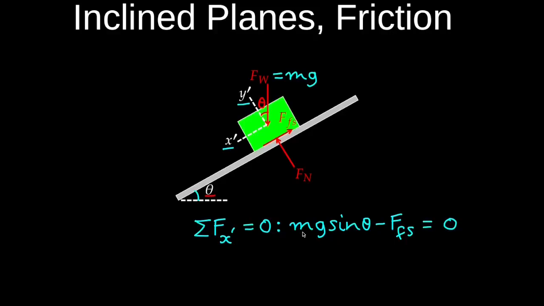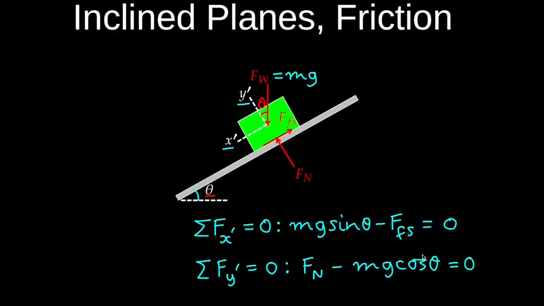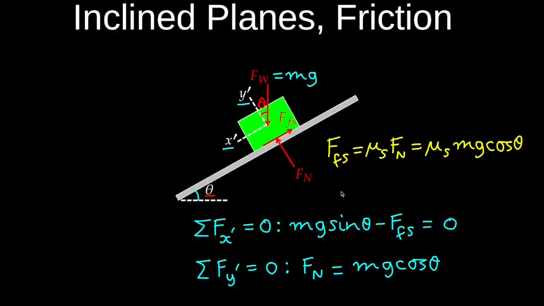And in the perpendicular direction, solving this equation for the normal force, and recalling the definition of the static friction force, now you can substitute this in the first equation.